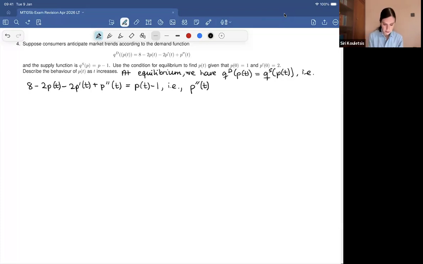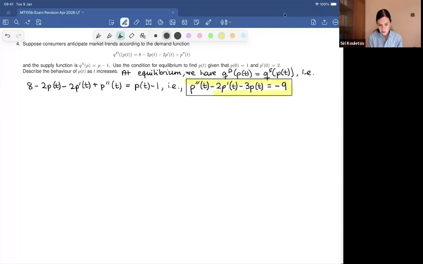P double prime of T minus 2P prime of T minus 3P of T. And then we can put the constant on the right-hand side. So let me just call that a star here. We'll refer to this equation later.